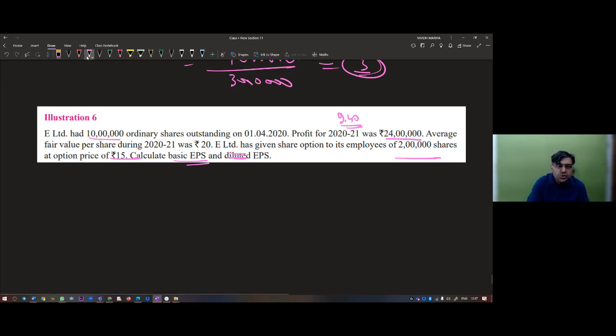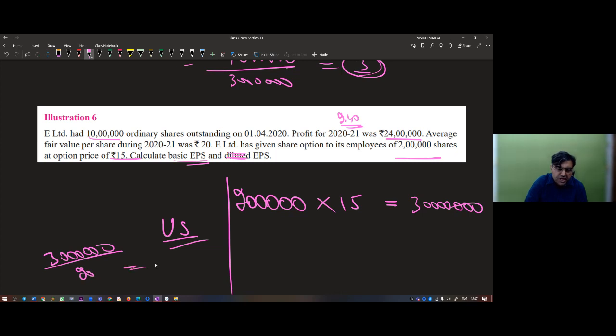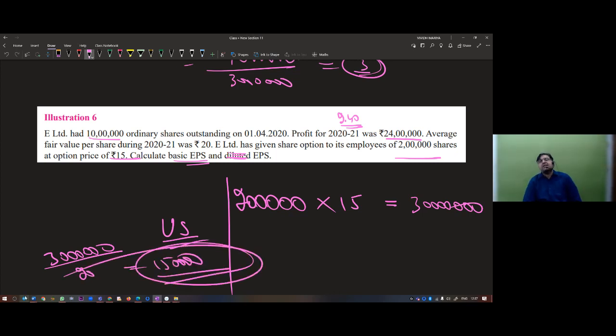This is as good as giving free shares. 2 lakh into 15, you are getting 30 lakhs. Compare this to getting 30 lakhs worth at rupees 20 a share: you should have issued 1,50,000 shares.